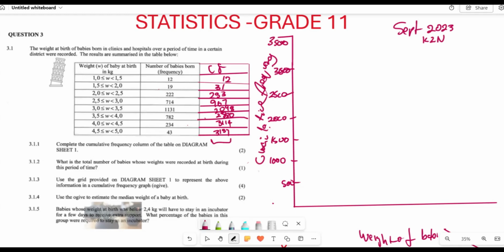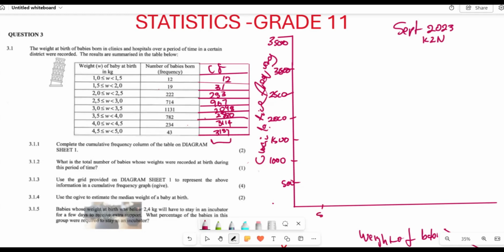Here, because you have the weight of babies, it's up to 5. So I can use 0, 0.5 for example.